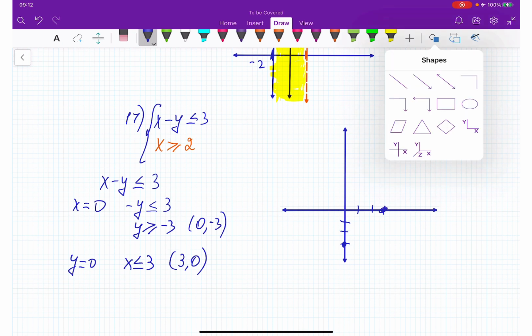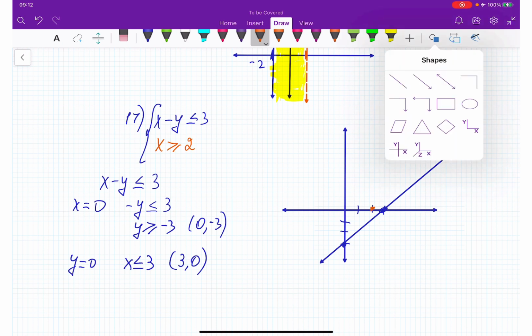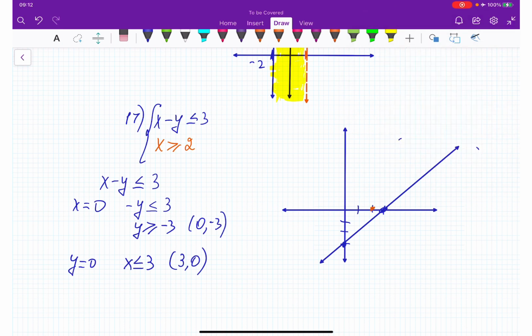Okay, the graph is going to go, and it's going to be solid line. Okay, now taking brown color, x is equal to, this is our 2, so the graph is going to go through these 2.